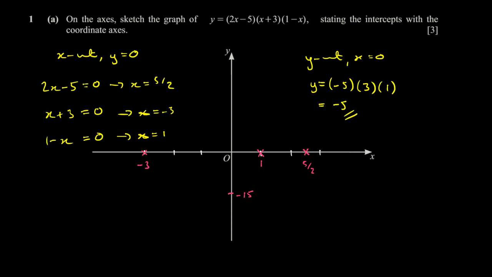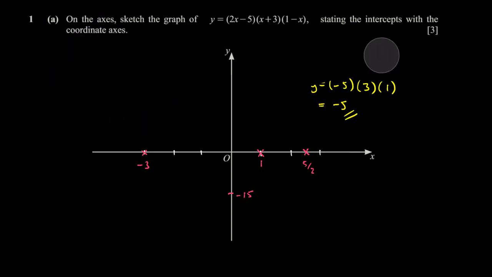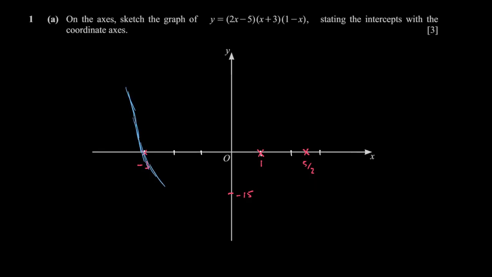So let me just get rid of all my working, just so that I can fit my graph on. Of course, good idea for you to keep your working. So I've got to go down like that. Oh dear. So go down, go down, go down. Okay, let's turn back up like that, and then come back down through here.